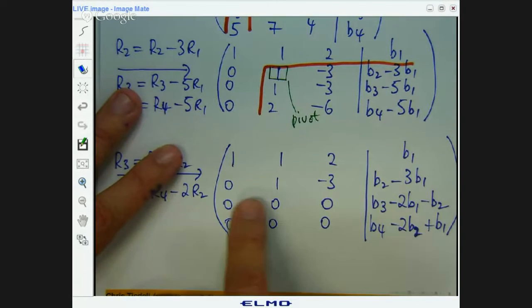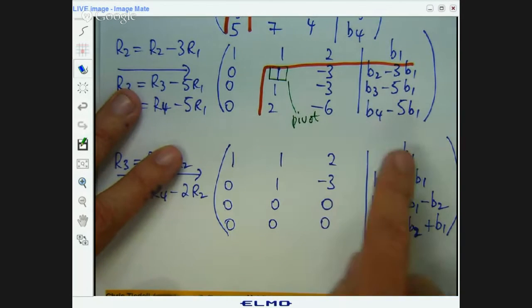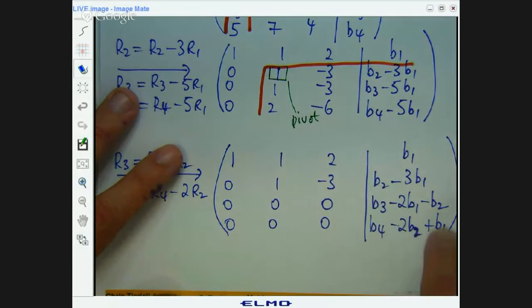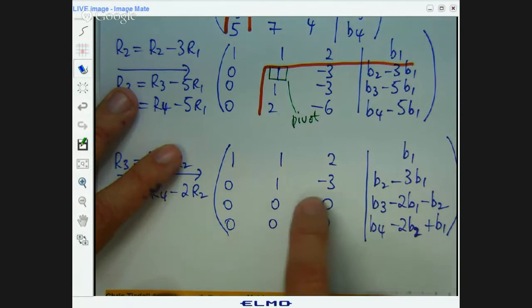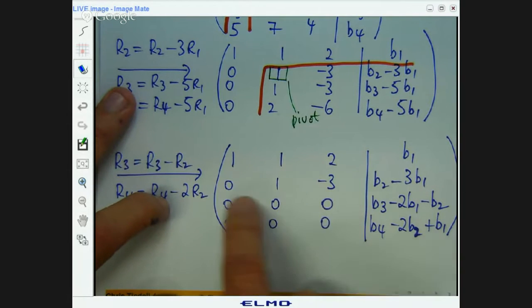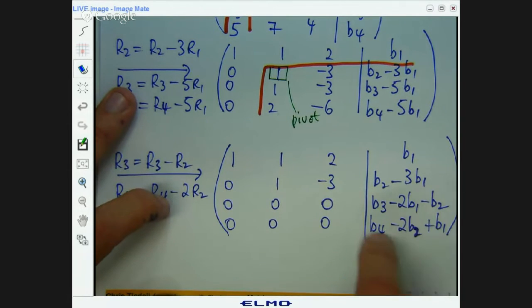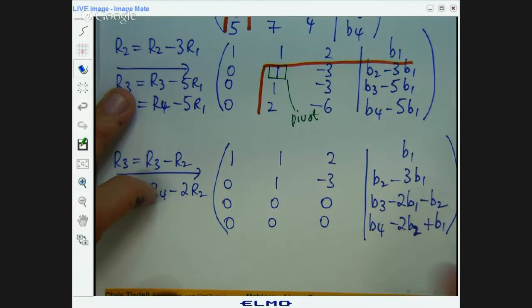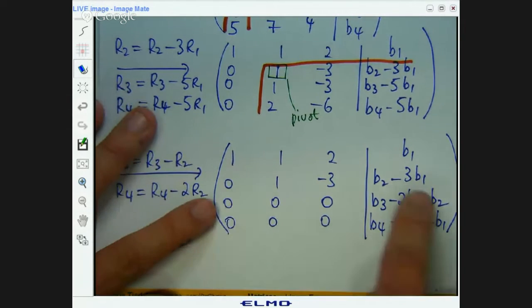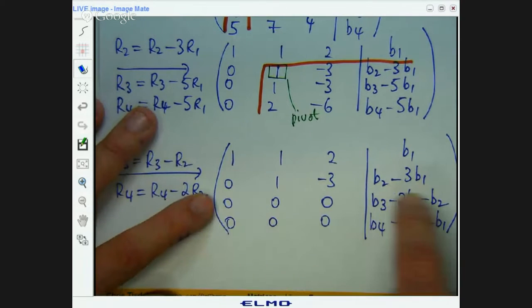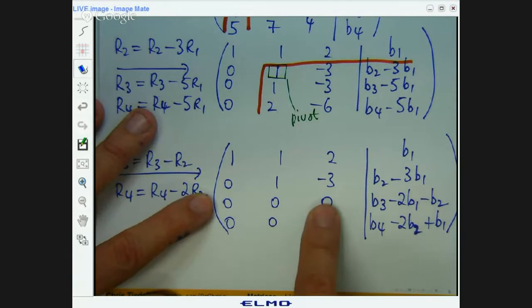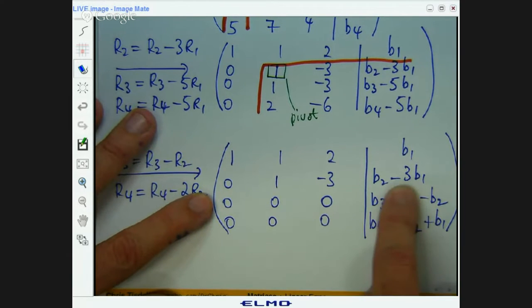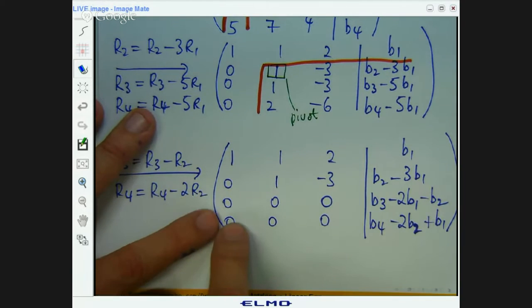The problem will be consistent if this column is not leading. What I mean by leading is, if I look along these two rows, this isn't 0 and this isn't 0. Why is that important? If this entry is not 0, what does row 3 say? It says that 0 lambda 1 plus 0 lambda 2 plus 0 lambda 3 equals something that's not 0. Obviously, that can't make sense. And the same for row 4.